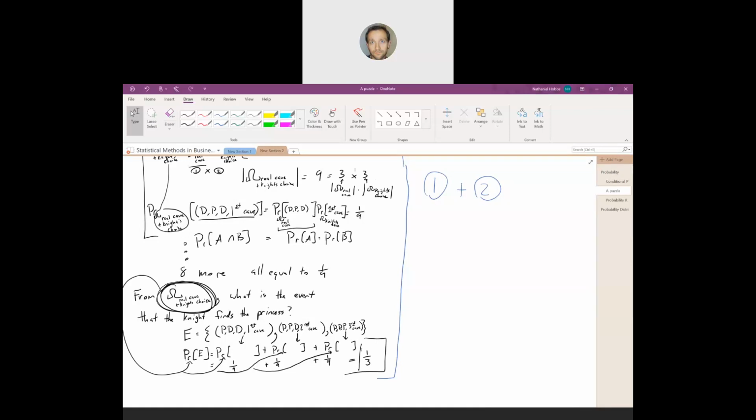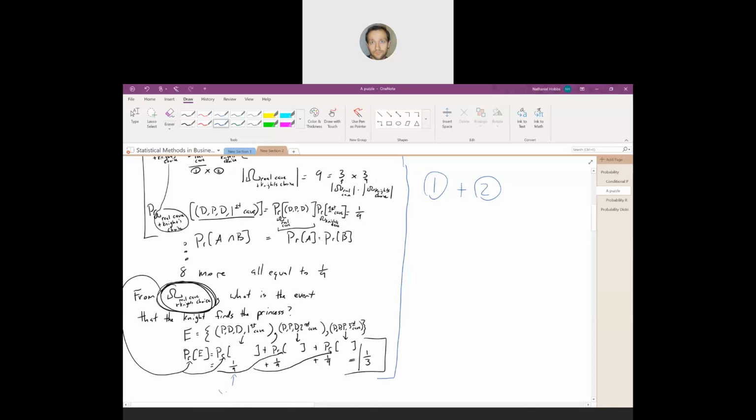Sometimes students are confused about when to multiply probabilities and when to add probabilities. You get better at it, but in the beginning, if you're confused, think that when you're multiplying probabilities, like we did here, to get these 1/9, we were multiplying.